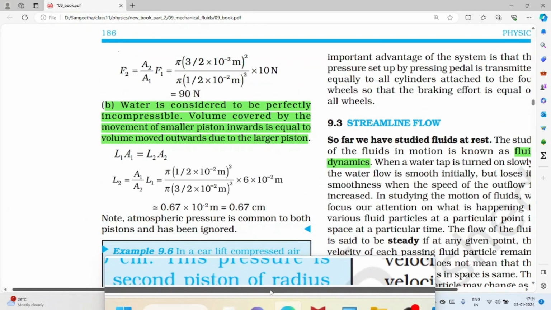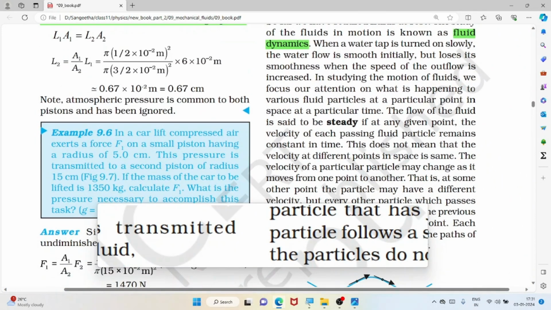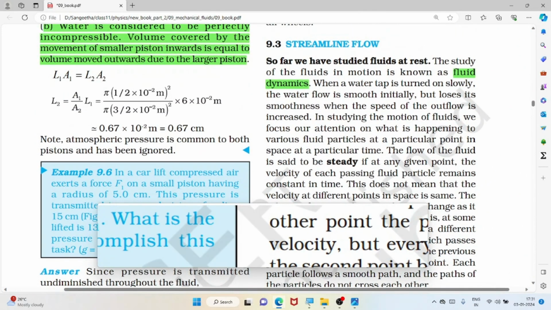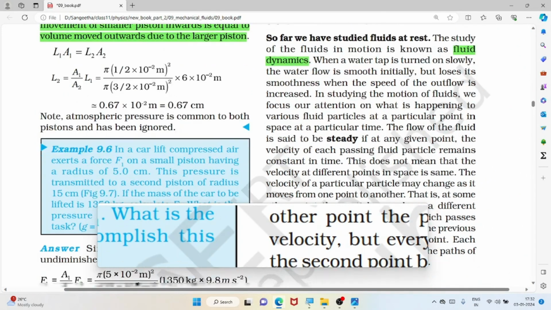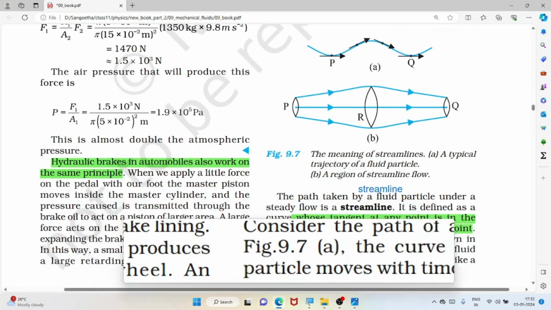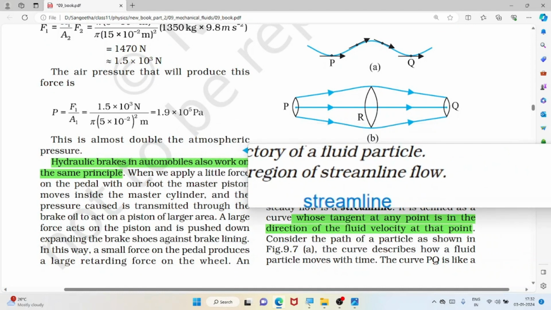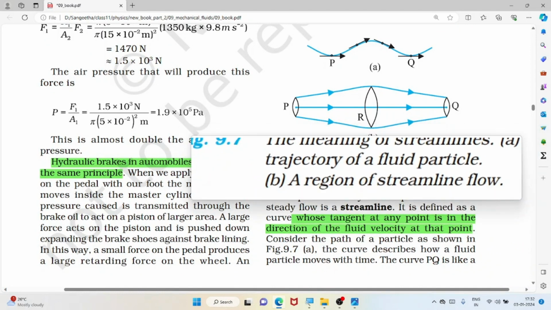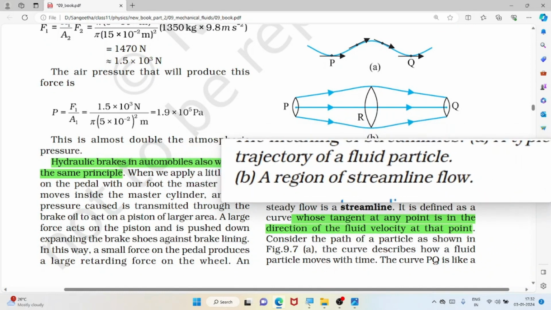Streamline flow. What is streamline flow? Steady or streamline flow. A streamline is a typical trajectory of a fluid particle.